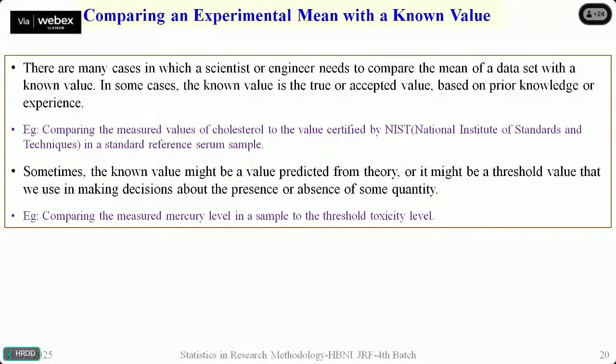When we start a new job, if there is already a written procedure, we will try to follow it first. Then whatever he or she states in the document, whether I am able to get that or not, at that time we use this test to compare whether I have reached the correct value or not. Not just by examining visually, we have to mathematically prove that my values are in good agreement with the reported ones.